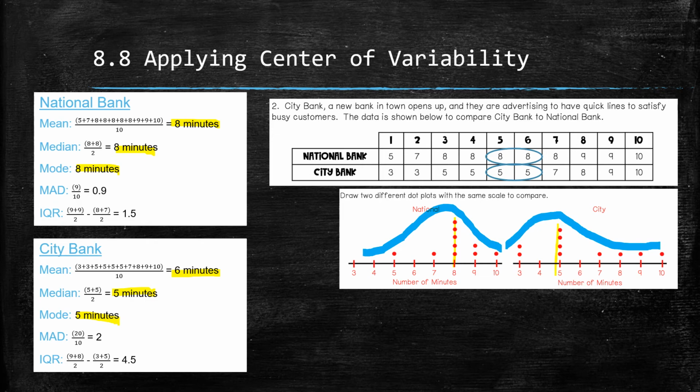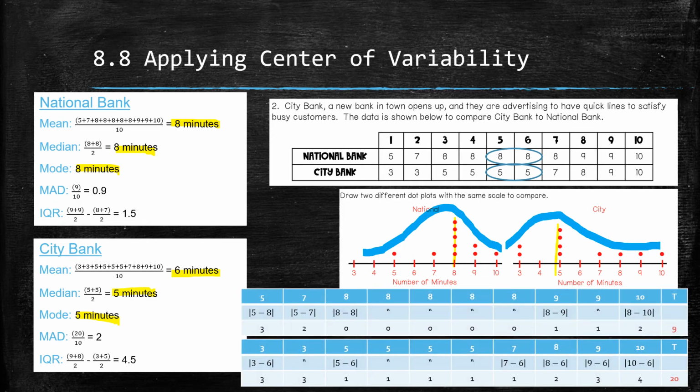Remember, the mean absolute deviation is taking the absolute value of the difference between each data point and the mean. So you subtract the mean, then you add up those new points and take the mean of them. When I did that, I got 9/10, which is pretty close to 0, for National Bank, and I got a 2 for Citibank.